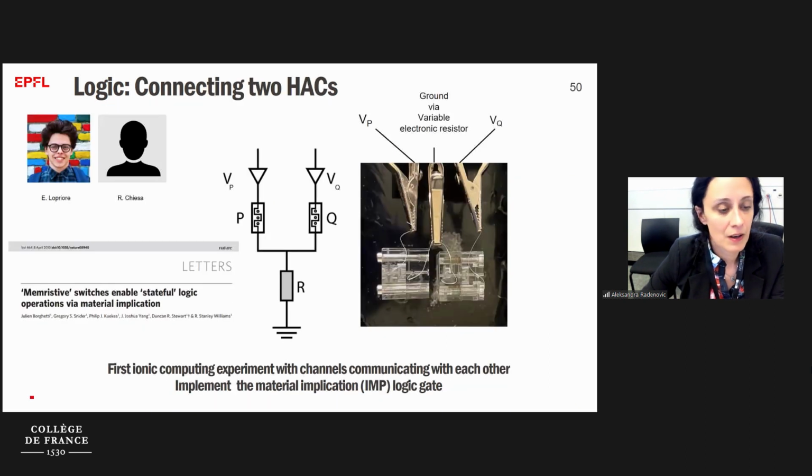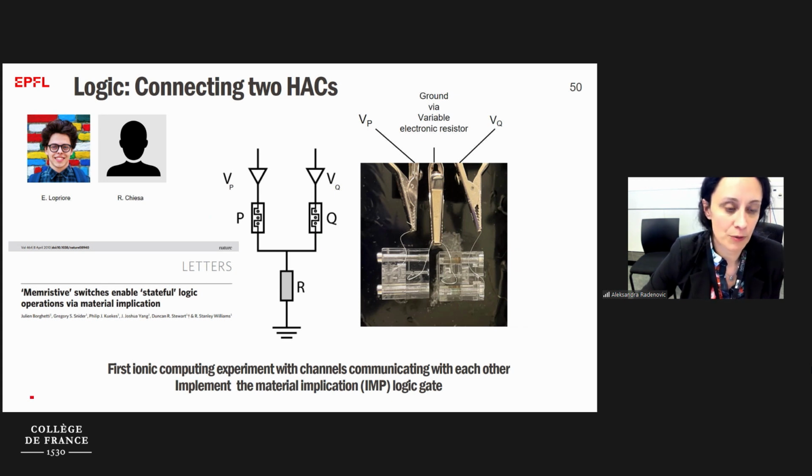And our idea is that for building the logic circuit using two electrolytic memristors, the easiest path would be to go towards implementation of a so-called IMP logic gate. And that is the material implication gate.